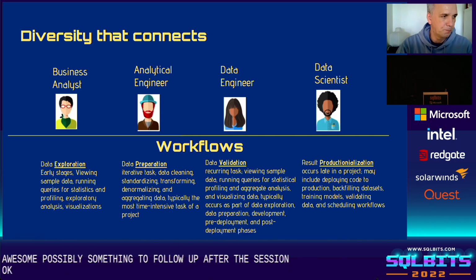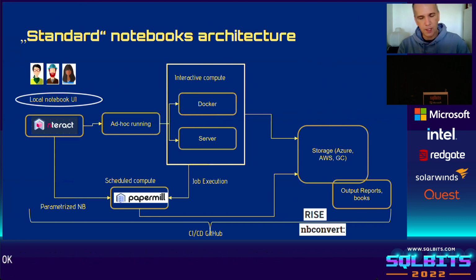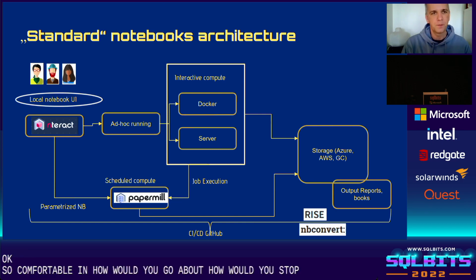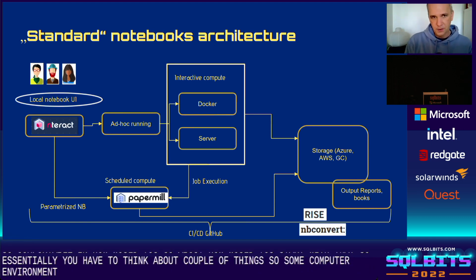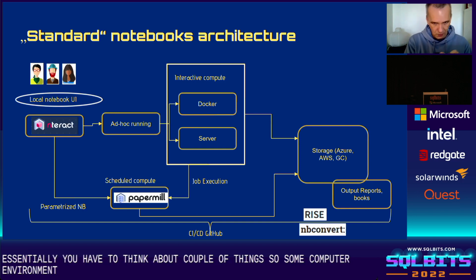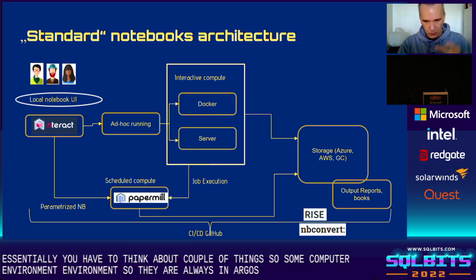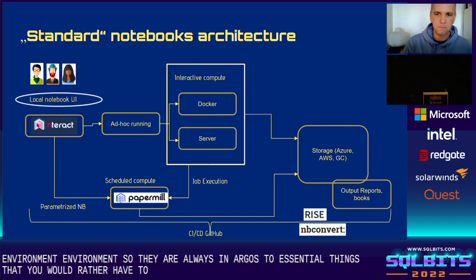Okay. So now we come to that part where people would start asking, how would you start with that? So essentially, you have to think about a couple of things. First of all, you need some sort of compute environment and you need some store environment. Those are the two essential things that you would have architecture people and people from different departments set up.